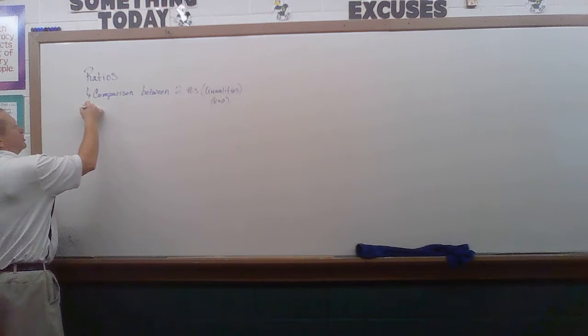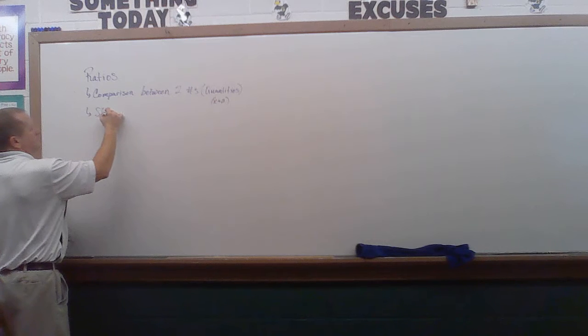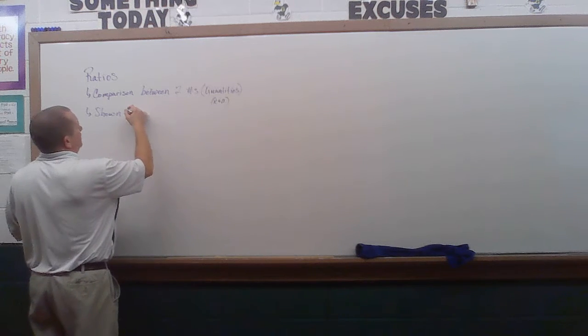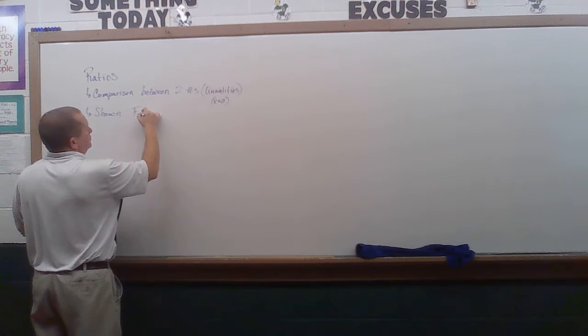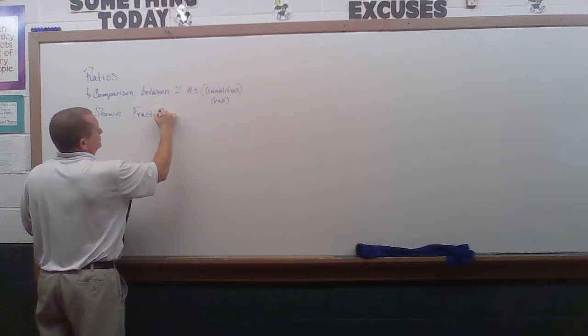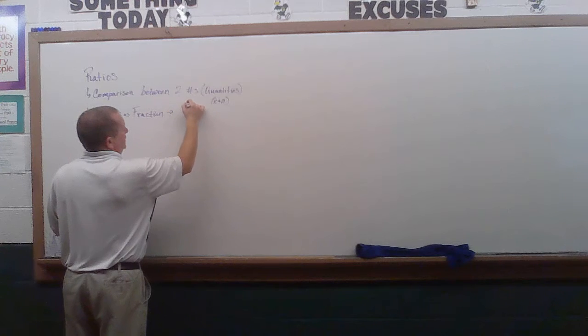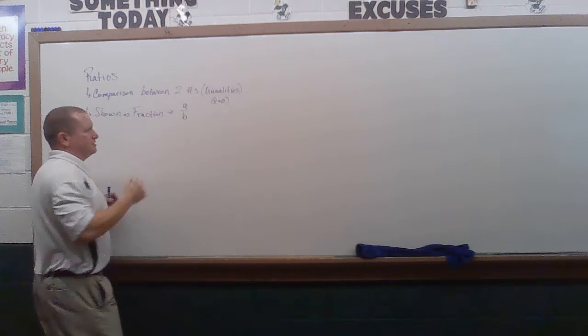How are ratios shown? How do you write a ratio? As a fraction is probably the most important, right? Shown as a fraction. So we'd say A over B, for instance.